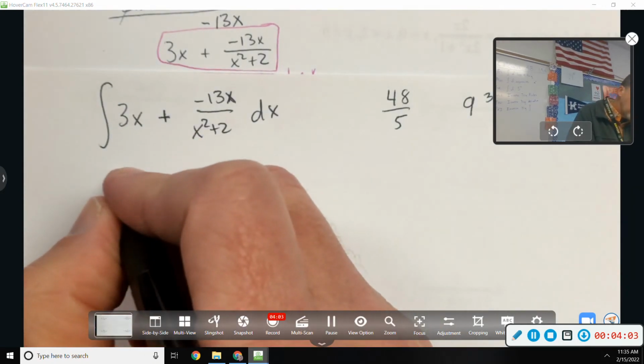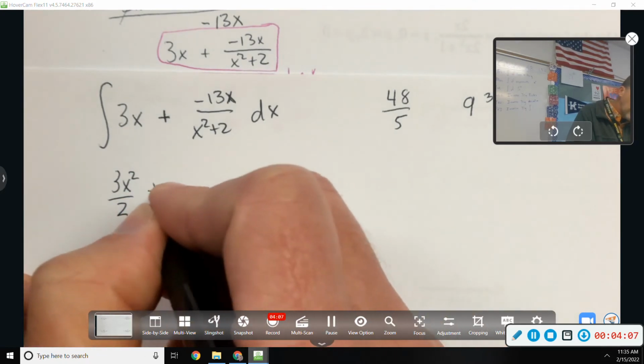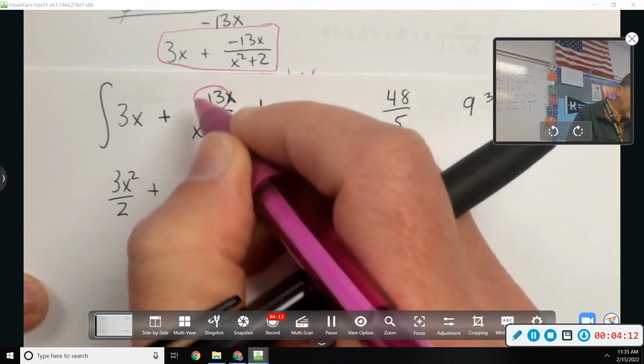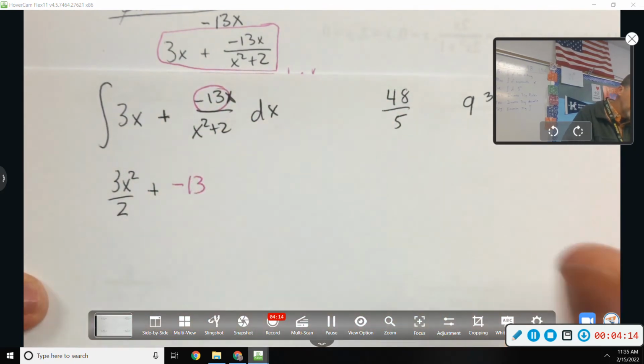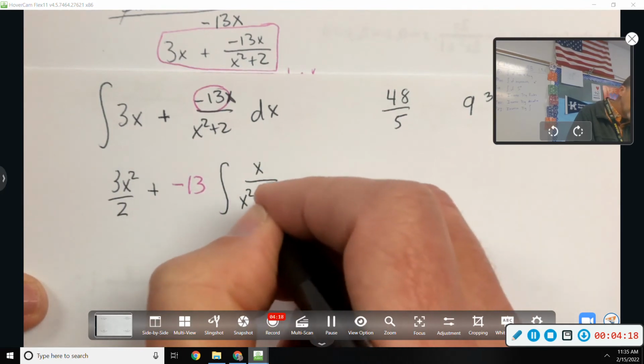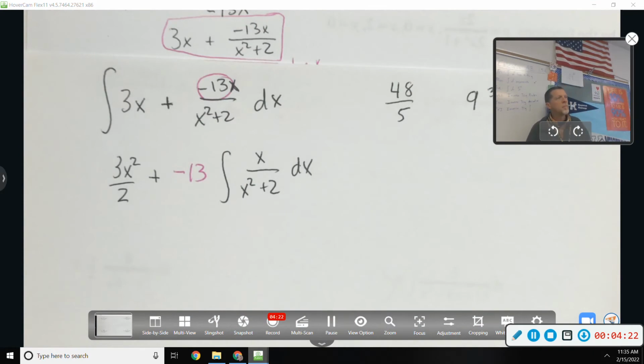So first part's easy, 3x squared over 2. Now that second part, I kind of don't like the 13, so I'm going to put the minus 13 out front. Make my life a little easier. I mean, I still have to deal with it, but I don't have to deal with it inside the integral.